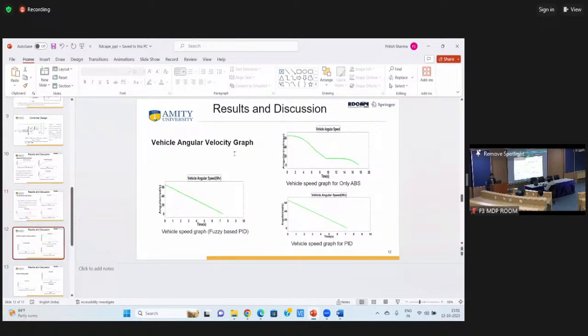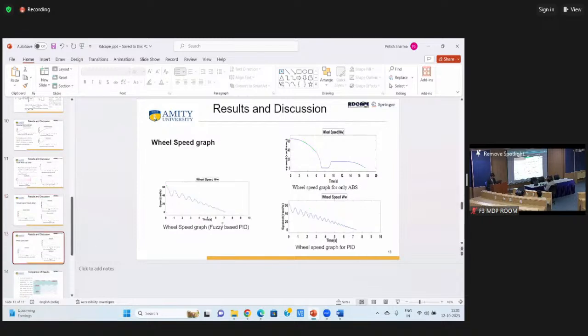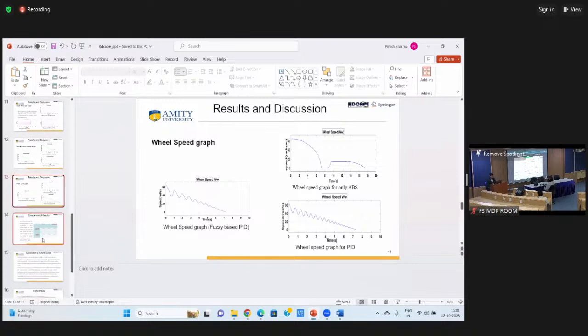As I compared the vehicle speed for both of them, the vehicle speed reduces non-linearly, but in the case of the fuzzy based PID, it reduces linearly. And if you compare the wheel speed, it also gives better results with the fuzzy based PID controller.